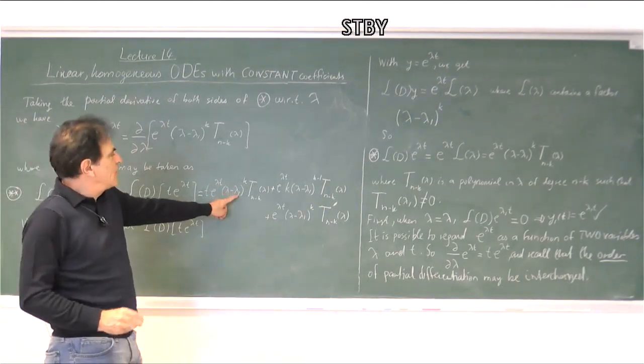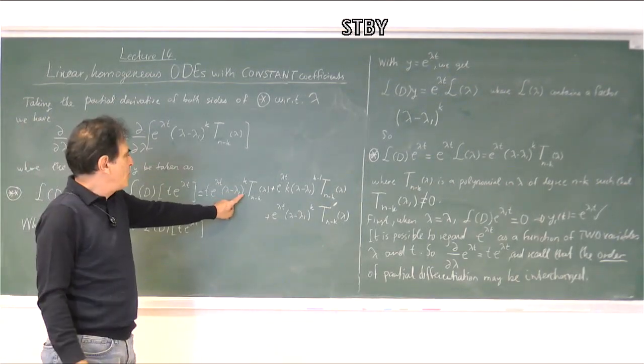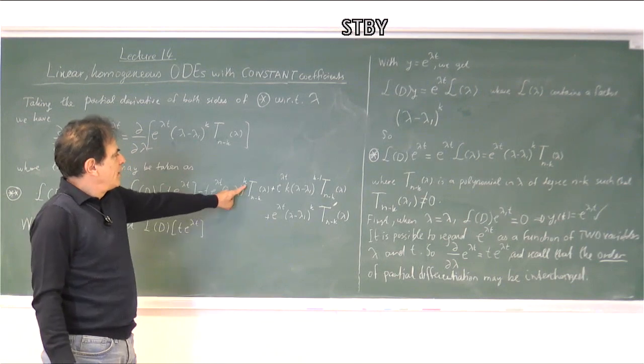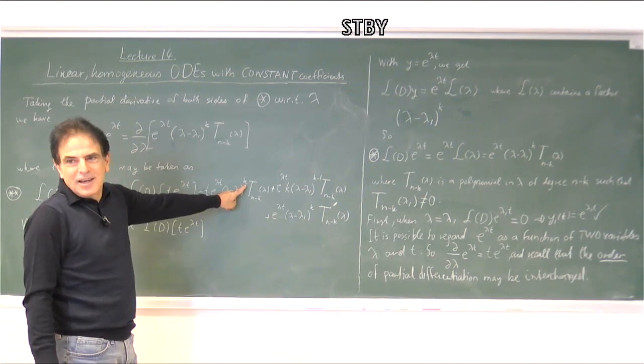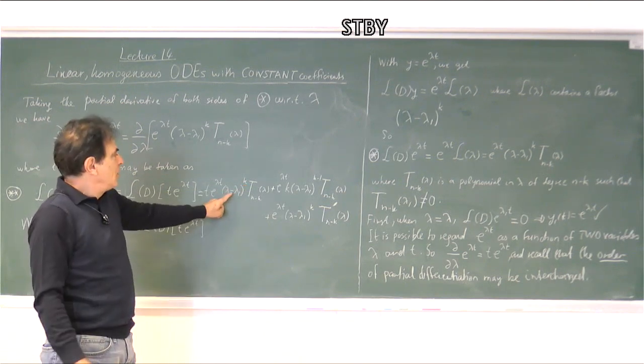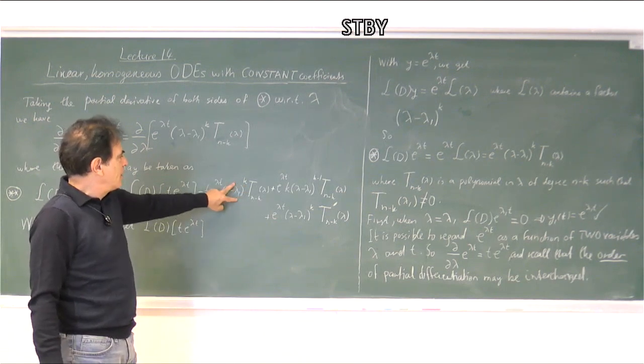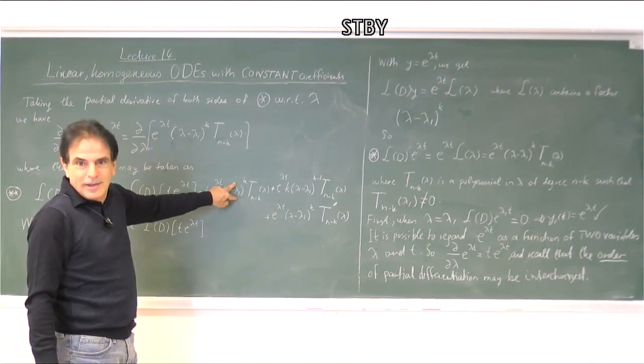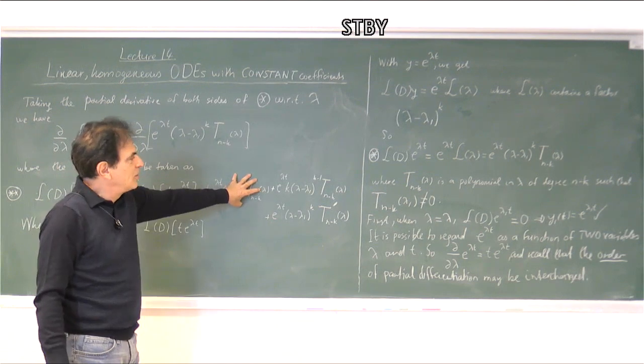Put lambda equal to lambda 1. What about the first term? k is a number which is larger than 2, a positive integer. So when lambda is lambda 1, because of this factor, yes, the first term is 0.